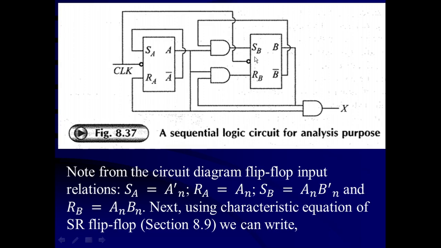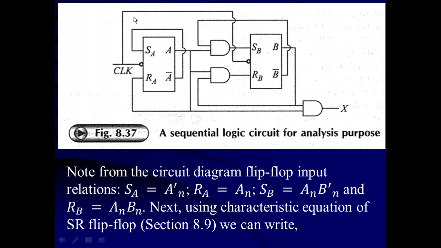Similarly, for flip-flop B the inputs are SB and RB, and its outputs are designated B and B bar. The input of both flip-flops is the clock input. The flip-flops are negative edge triggered. You can see the bubble on the clock input of both flip-flops. So the flip-flops change state on the negative edge of the clock pulse.